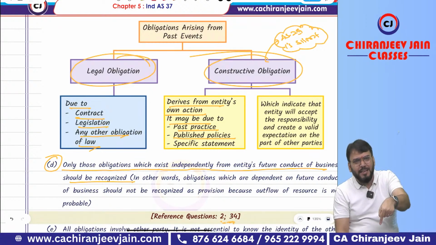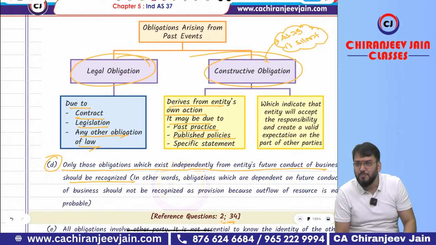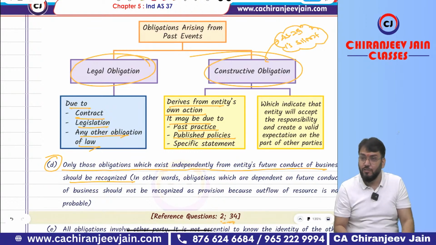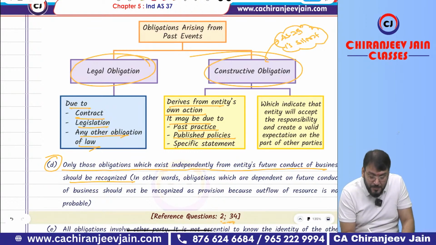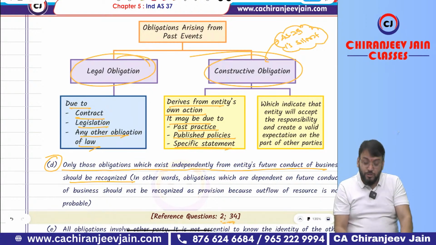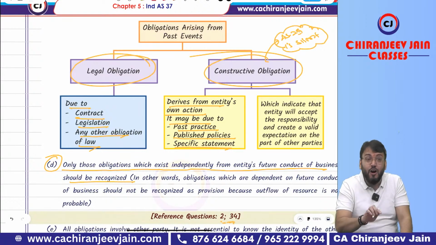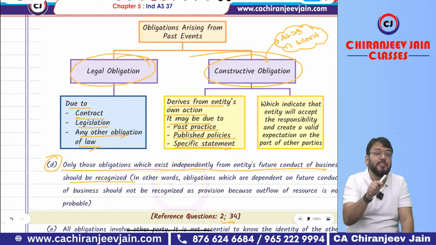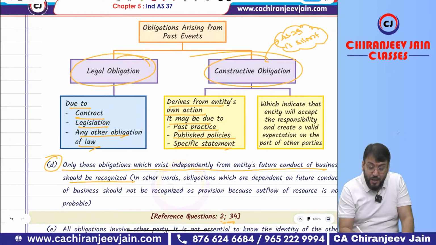So you came to my class after going through the published policy, so you have a valid expectation. Or by a specific statement, where I have already made some announcement in my class. So it may be due to past practice, published policies or any specific statement, which indicates that the entity will accept the responsibility.